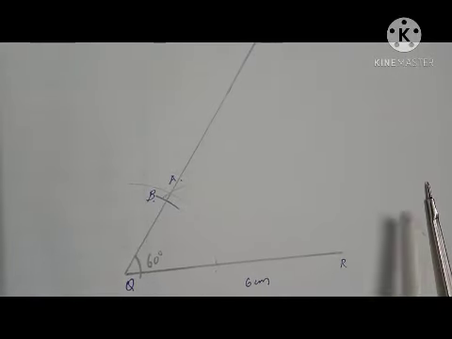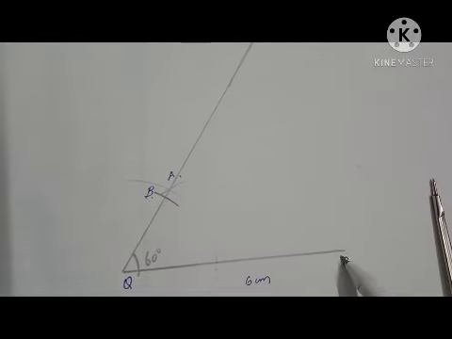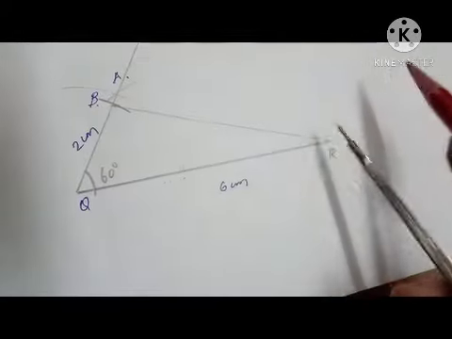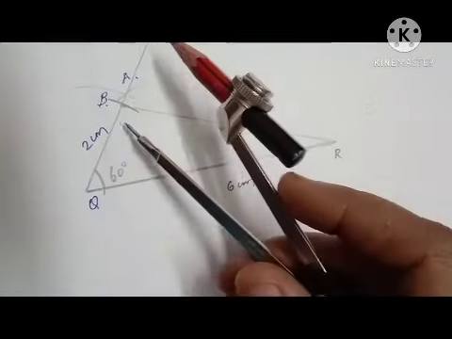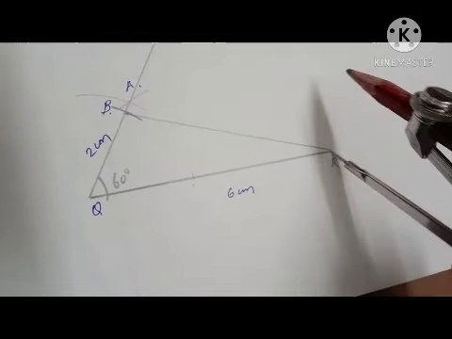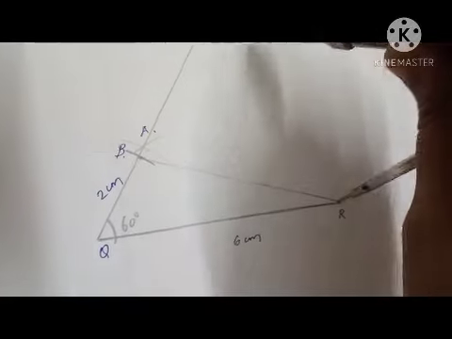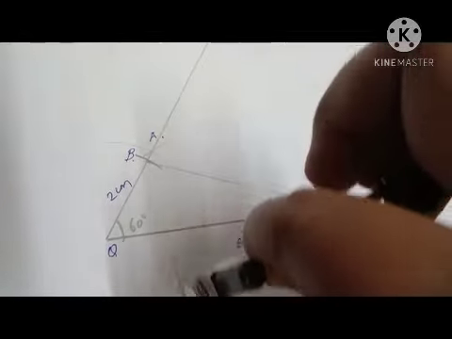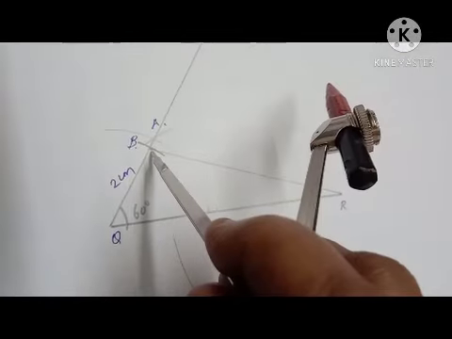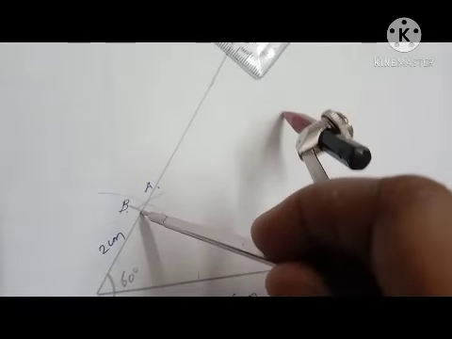Then what we will do? This point we have to join to this endpoint R. Okay, the line segment BR. The next step is we have to draw the perpendicular bisector of line segment BR. For that we have to take more than half of this line segment BR and draw the arc to left and right from one of the endpoint R. With the same measure we have to draw the arc from the other endpoint B also.